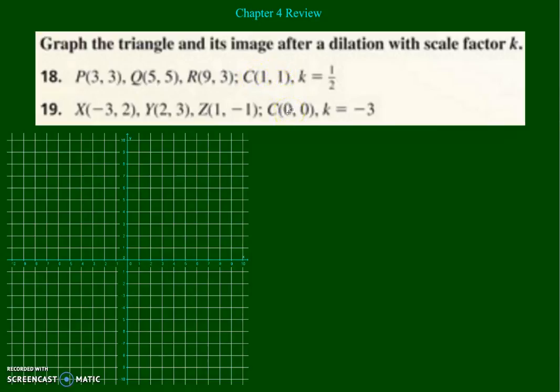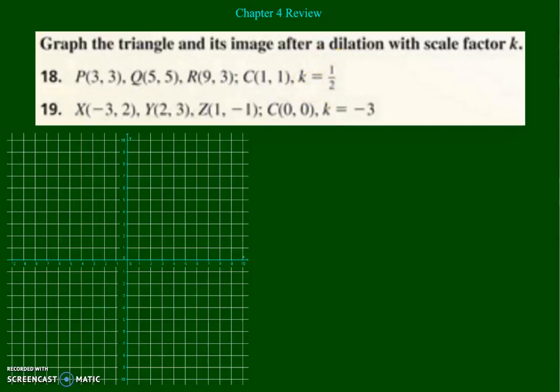The only thing that's required is that you multiply each coordinate of your pre-image points by your scale factor, and that gives you your dilated image. In this case, this image is going to be an enlargement because the scale factor is greater than 1. In problem 18, it was a reduction because the scale factor was between 0 and 1.